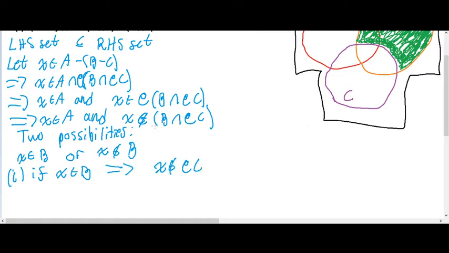That's because in order for x to not be in the intersection of two sets, it must be such that x cannot be in at least one of the sets.